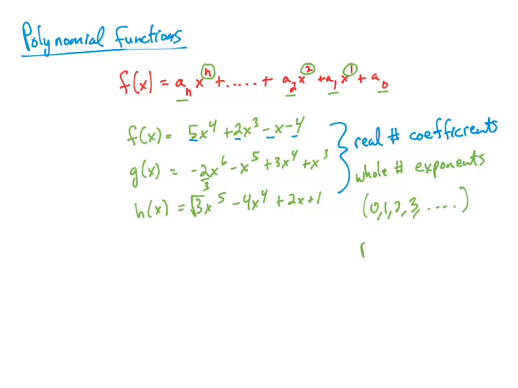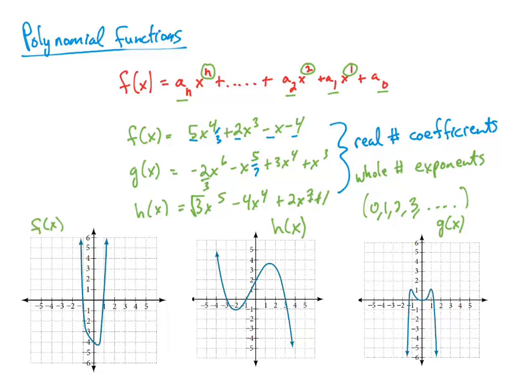However, we could have positive rational exponents as well. So we could have, for example, 4 over 3 here. We could have 5/7 as the exponent, and so on. So these are restrictions on a polynomial function.